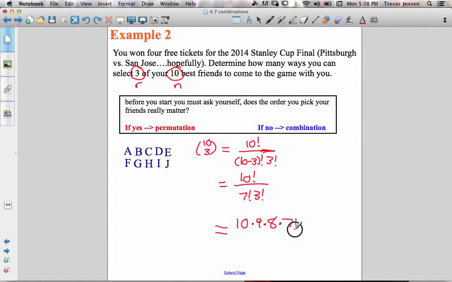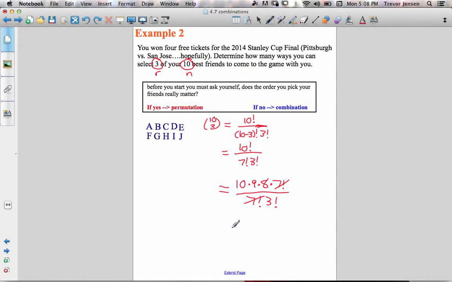I can end my expansion by putting a factorial symbol over 7 factorial, 3 factorial. 7 factorials cancel, and look, I'm left with 10 times 9 times 8 over 3 factorial. And you'll notice that's the same answer I got using that other method, the multiplication rule for counting that I was talking about before. So you can do it either way, think of it either way, but feel free to do it this way.